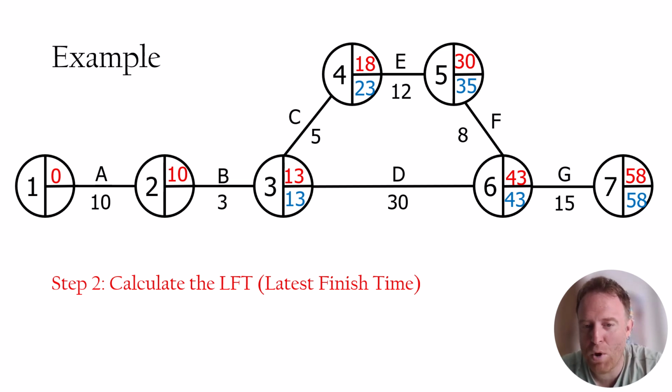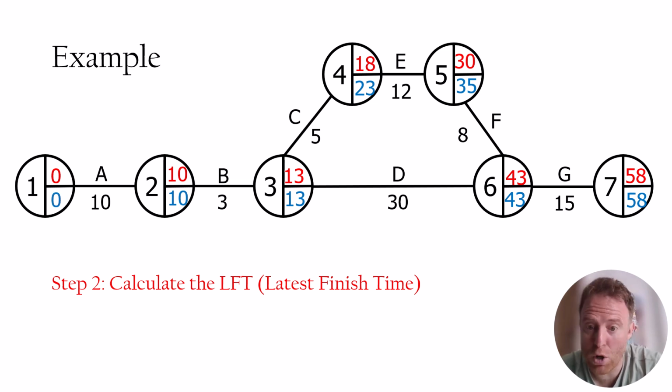So it's very, very important that I finish on those 13 days. So I don't take into account 5 because otherwise it would be at a later point and therefore D would be delayed. So then I go work backwards again, 3, take that off, so it's 10 days. And then, of course, you'll always expect that the latest finishing time of the very first node, which nothing has happened yet, should be 0.